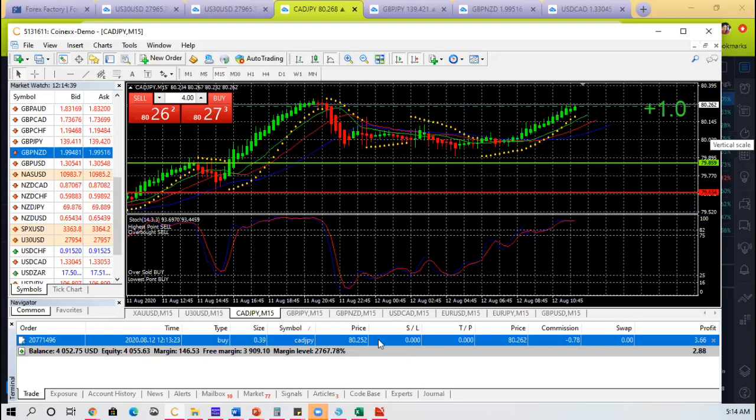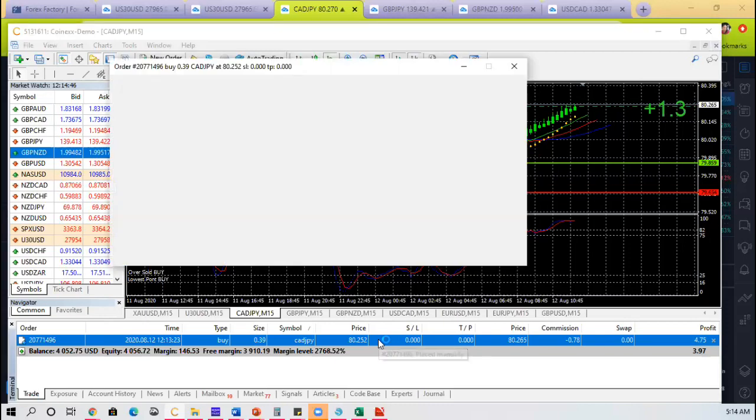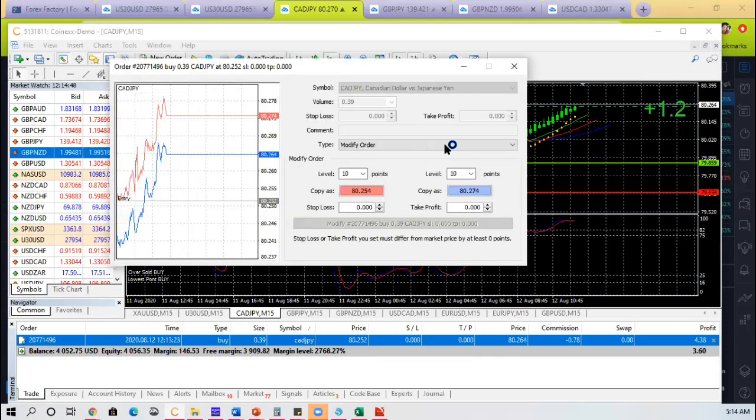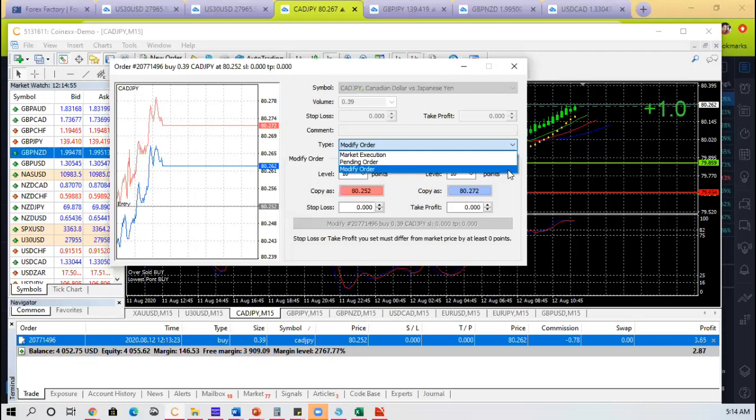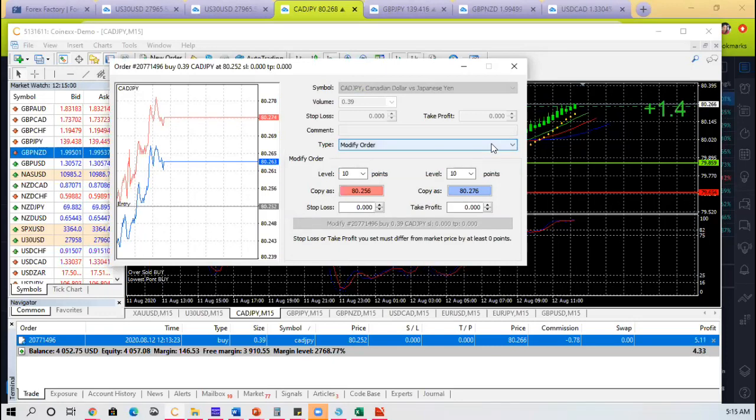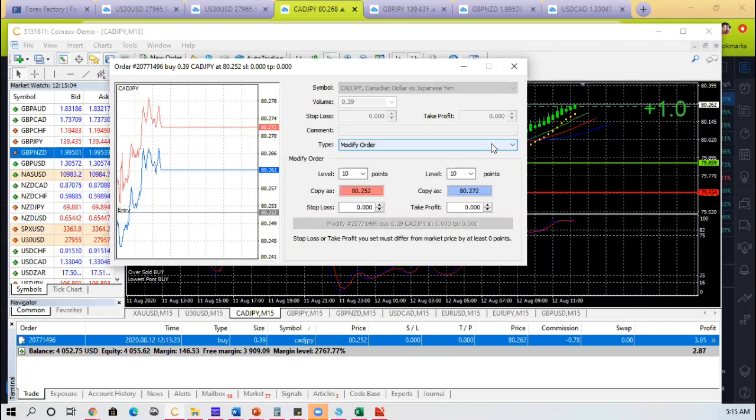So I'm going to come down here to my trade that's running. I'm going to double click it so that I can modify it. Now sometimes when it opens up, it may not be on modify order. It might be on market execution. You just have to make sure that you have it on modify, because if you're not careful, you can do another market execution.